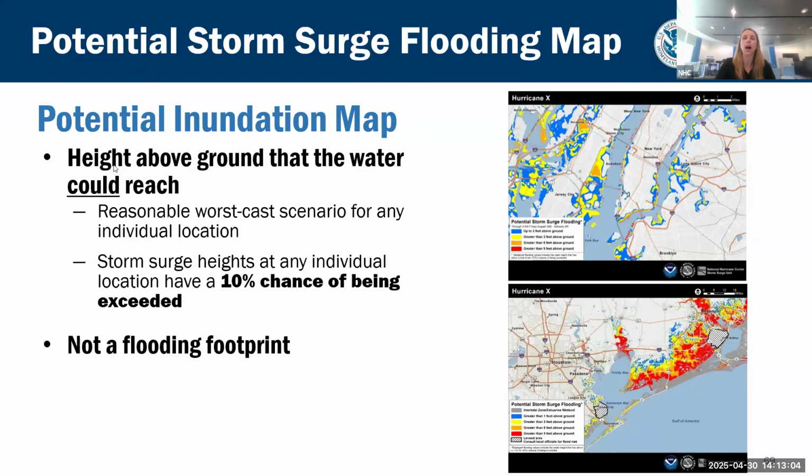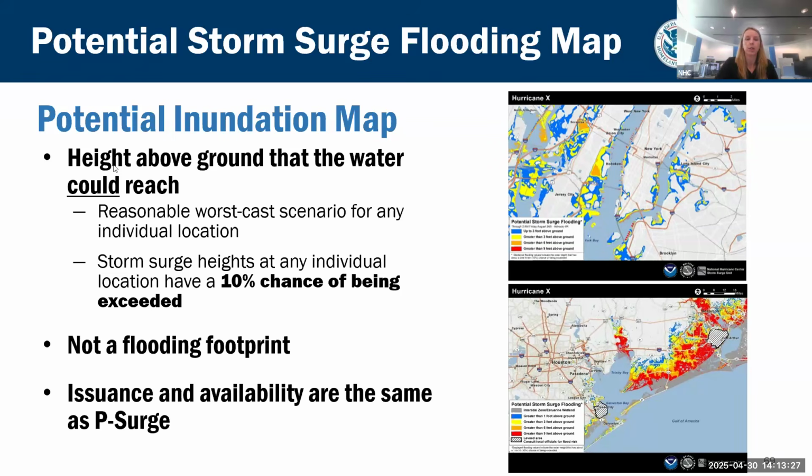And remember, this is not going to be a flooding footprint. We include a family of storms. We've changed the landfall location, and we added different storm sizes. So it's not the effect from a single storm, rather it's a great planning tool from that ensemble.